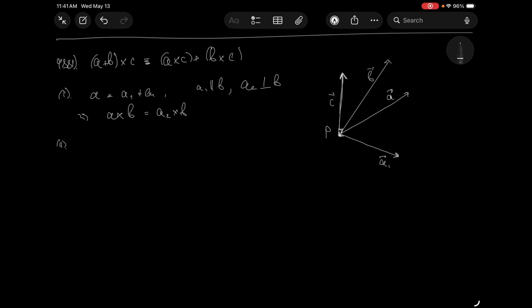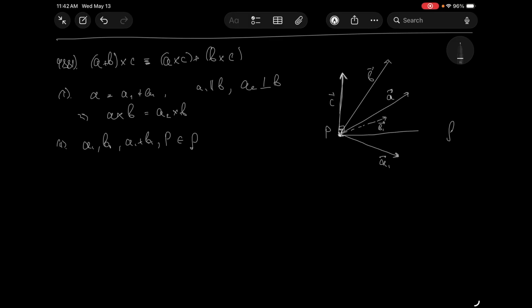Then we can do the same thing for vector B. Let's say that is vector B1 somewhere here. This is vector B1, which is also perpendicular to C, and it lies in the plane. Let's call it rho, and the point P belongs to rho. So A1, B1, moreover A1 plus B1, and point P all belong to the same plane rho.